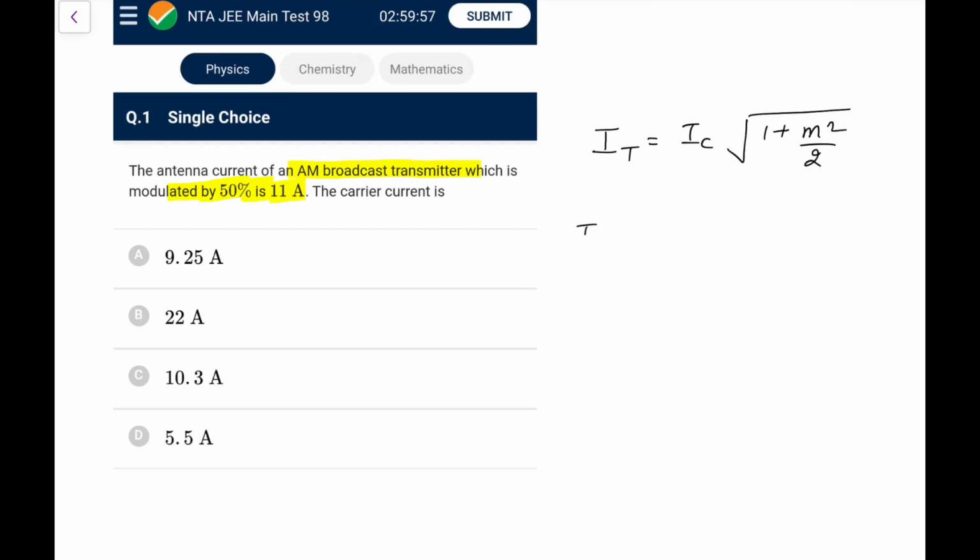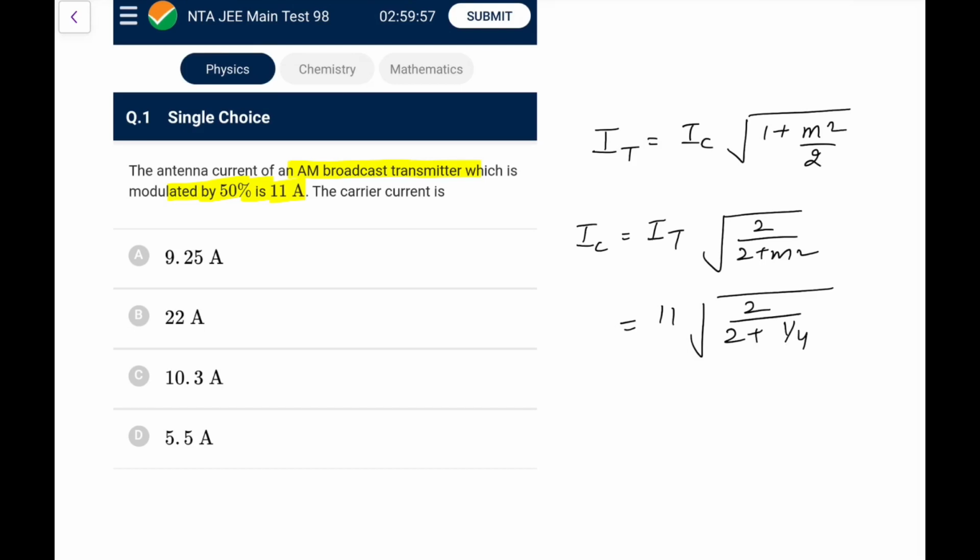So going by this, I_C can be written as I_T into root of 2 upon 2 plus m square. Now put the values. This is 11, this is 2 upon 2 plus 0.5 square. 0.5 square is equal to 1 by 4. So what we will get is 11 into root of 8 by 9. So it is 11 by 3 into 2 into 1.4 for root 2.